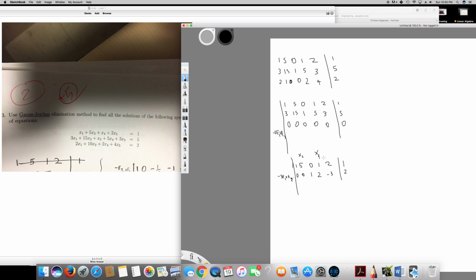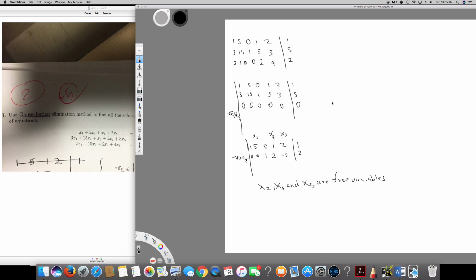So x4 and x5 are free variables. So we know x2, x4, x5 are free variables. We have to mention that first. Whatever answer we get is going to be in terms of free variables.